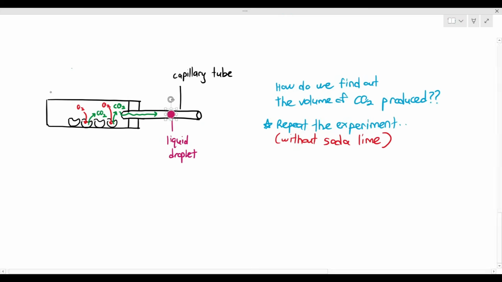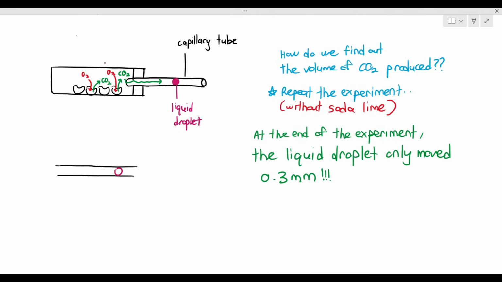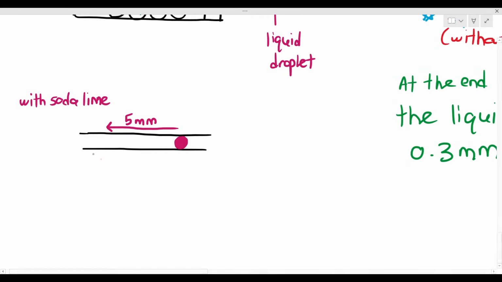Now, how do we calculate the volume of CO2 produced then? When you do the experiment, let's say at the end, the liquid droplet only moved 0.3 millimeters. It only moved a net movement of 0.3 millimeters towards the seed. So, how do we calculate the volume of CO2? In this case, with soda lime, the droplet moved 5 millimeters, correct?